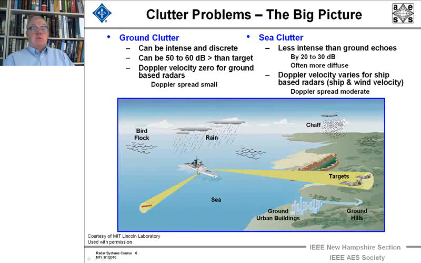The Doppler velocity that the radar on the ship would see is the relative motion of the target, that radial velocity relative to that of the ship. And the ship could be moving away or back and forth, and then you can have the targets moving, of course. But the clutter itself is going to vary with the velocity of the ship, because the ocean has its motion, and the Doppler spread is moderate there too, and remember it increases with wind speed.